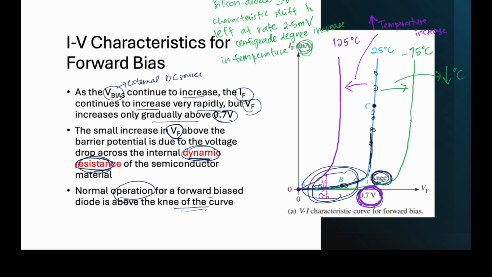So when the temperature increases, it moves to the left at the rate of 2.5 millivolts. When the temperature is decreased, it moves to the right at the rate of negative 2.5 millivolts. All right, so this happens at the forward bias.